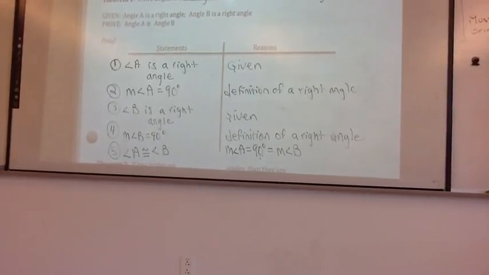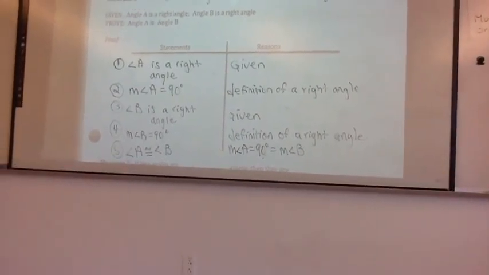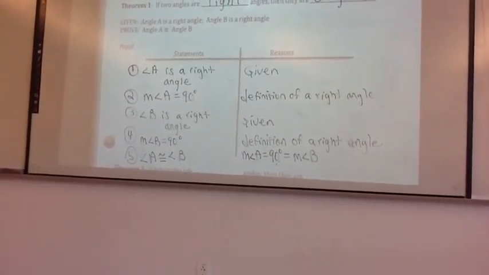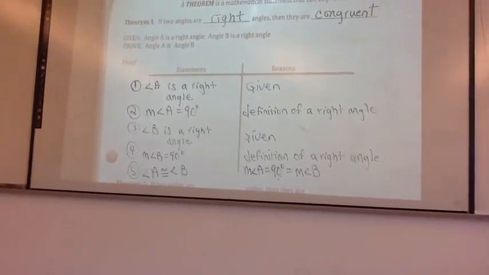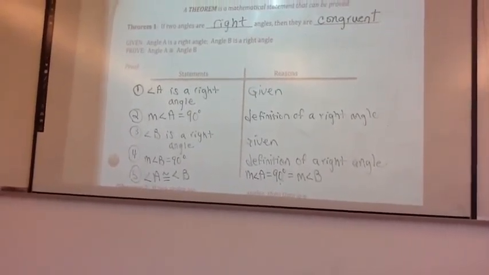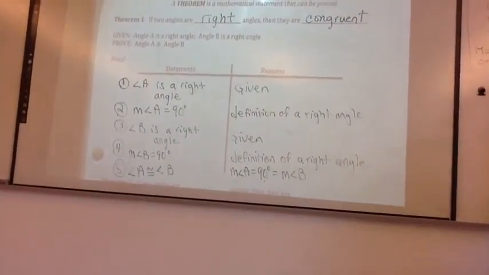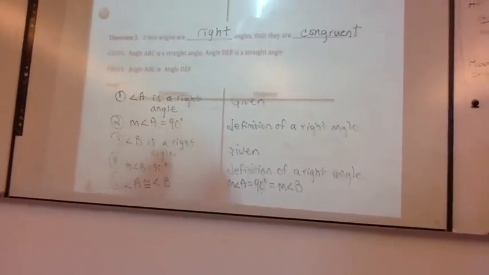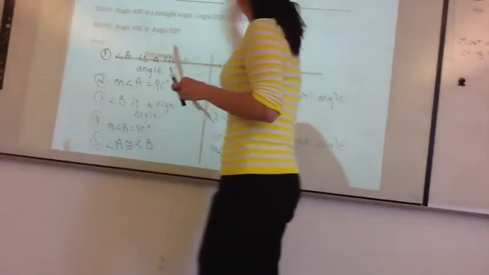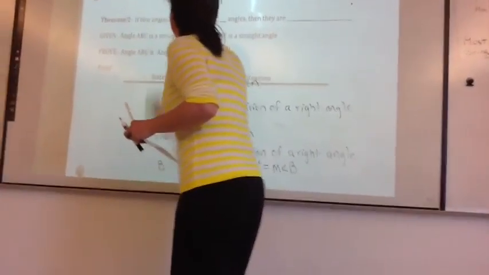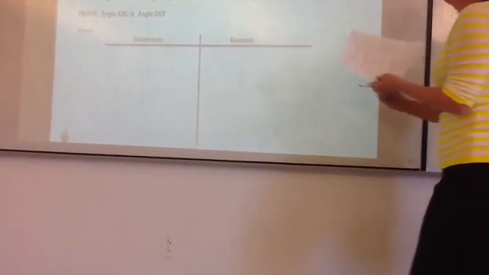So we're going to go on to the same idea with the next one. See if you can try this one on your own. It's going to be a similar idea. Theorem 2 is going to say, if 2 angles are straight angles, then they are congruent. So fill in the blanks there.